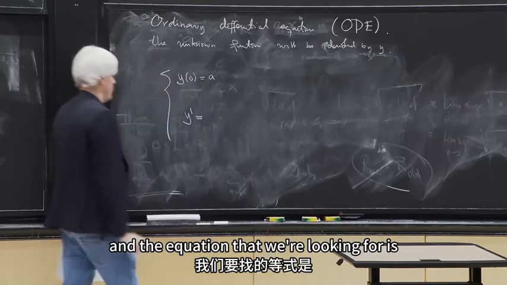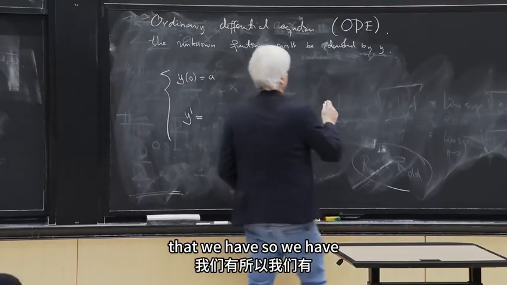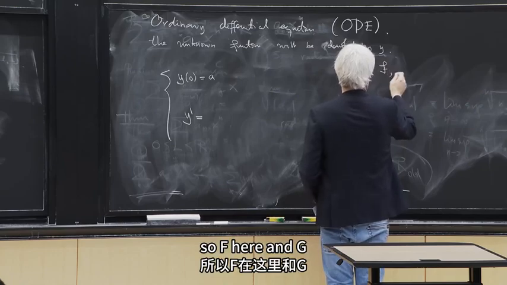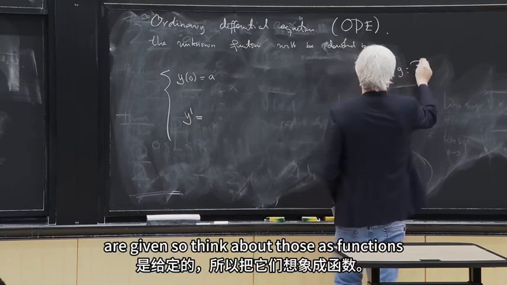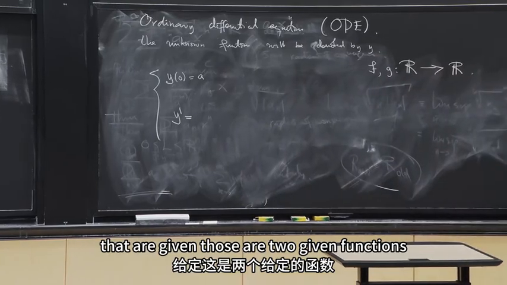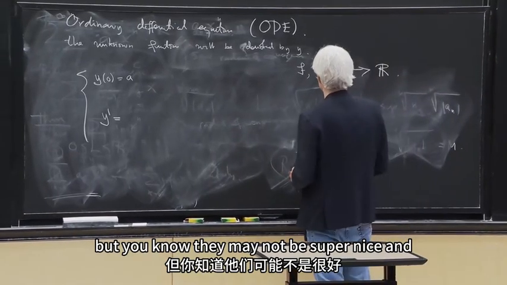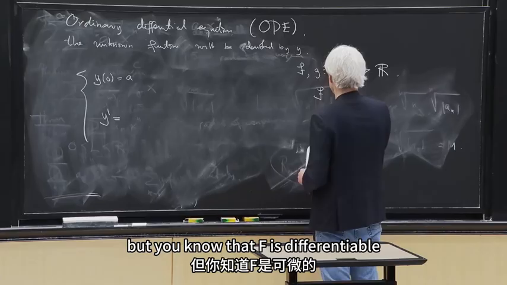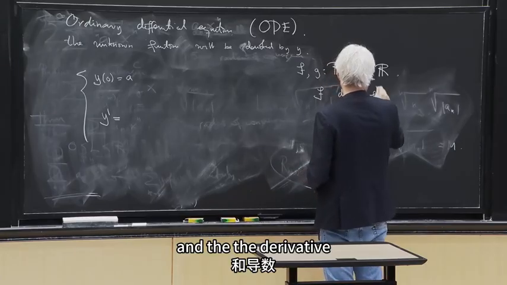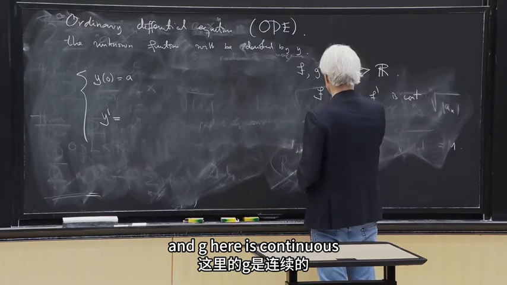And in the equation that we're looking for, f and g are given. So think about those as functions that are given. Those are two given functions, but they may not be super nice. But you know that f is differentiable, and the derivative is continuous, and g here is continuous.